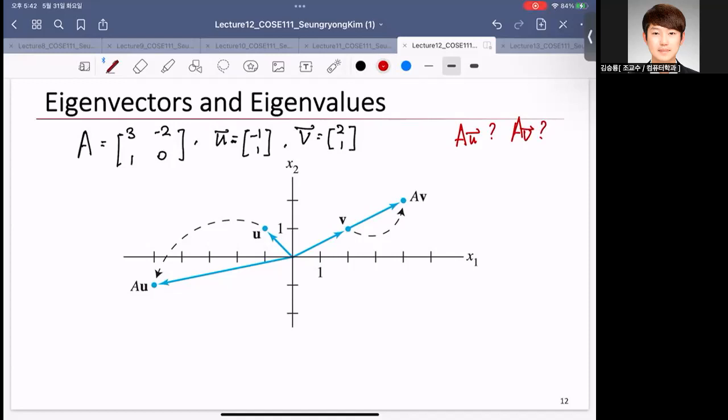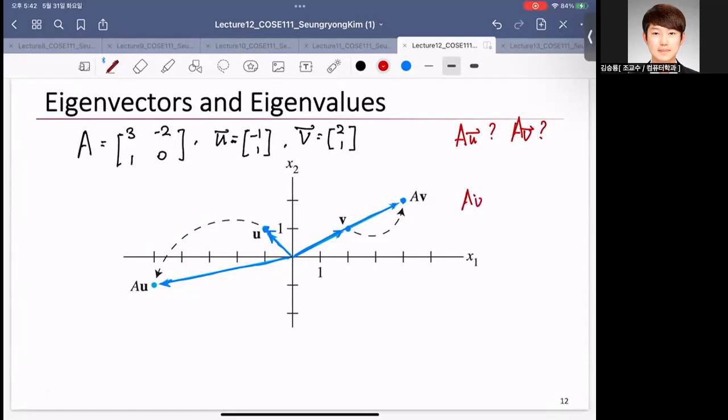First of all, okay. So U is like this, -1 and 1, and V is equal to 2 and 1. Then A times U, if you compute this one, it's going to be a new vector like this. In this case, very, very interesting things happen.